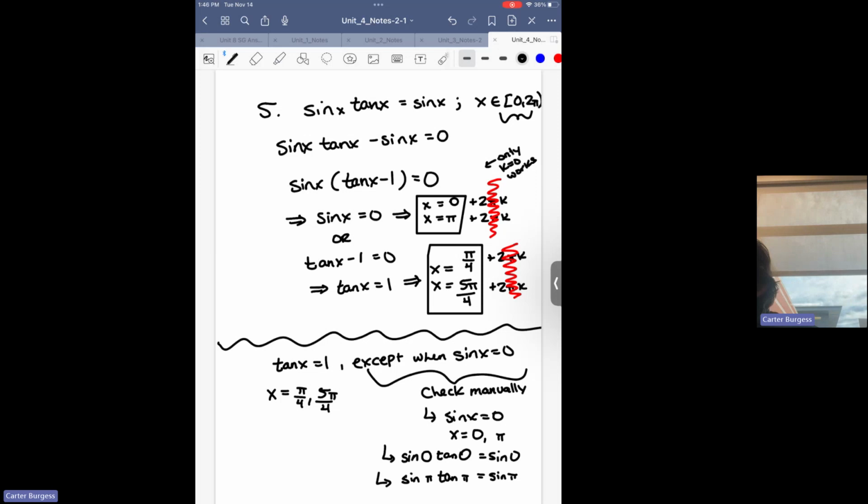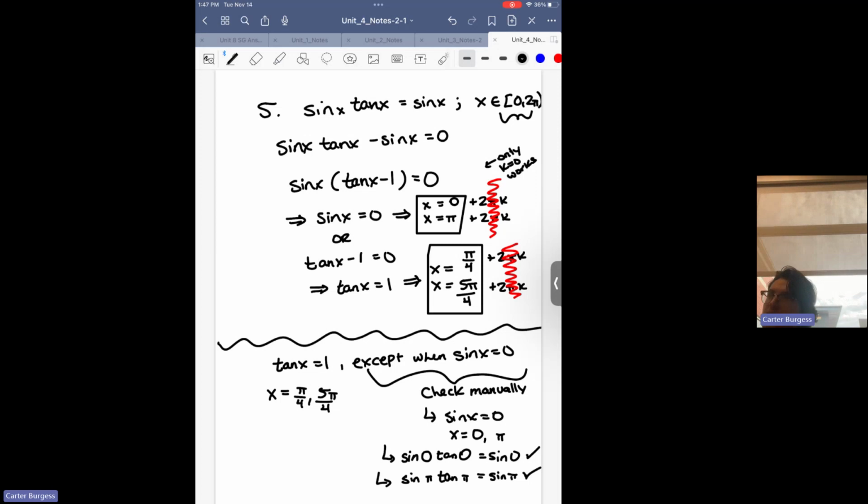What are sine and tangent of 0? Yeah, they're both just 0, because tangent is sine over cosine, so 0 over 1 is going to be 0. And likewise, sine and tangent of pi are both just 0. And so both of these are in fact true statements. So both 0 and pi also work as solutions, and we get the exact same solution set that we saw from above. We just had to manually check to make sure that the zeros of sine were in fact solutions here.